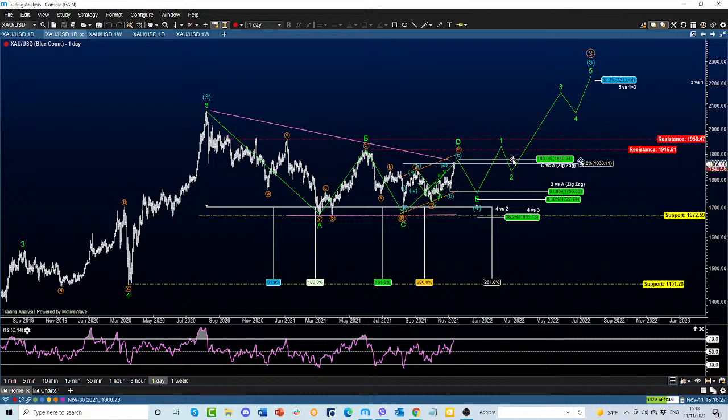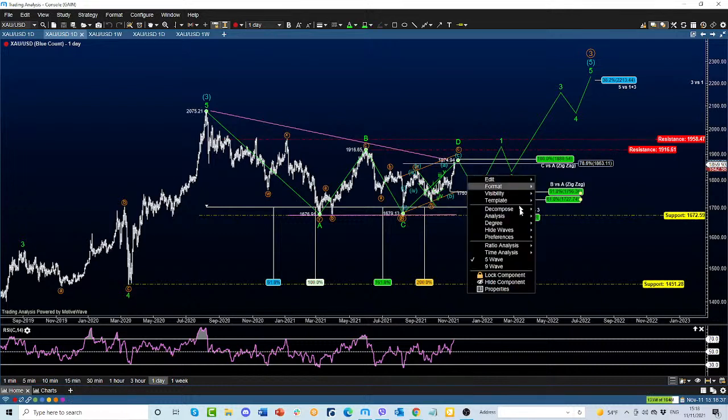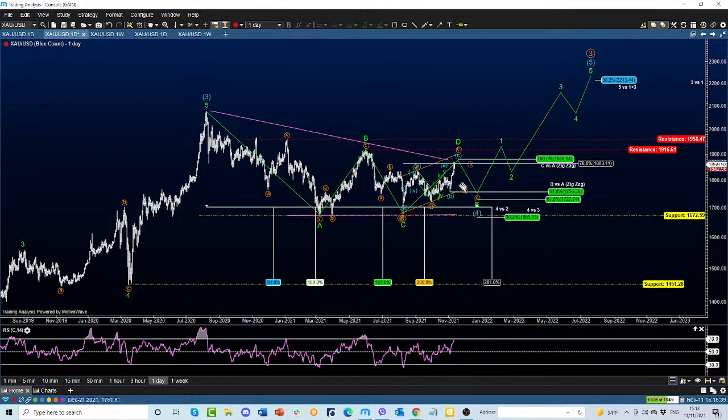We have to stay below this 1916 on the upside to keep this count alive for this D wave. If we see a move down in this C wave, sorry, this E wave, it will be a three-wave pullback. Then this triangle might be complete, and we might see a pretty sizable move up in gold.